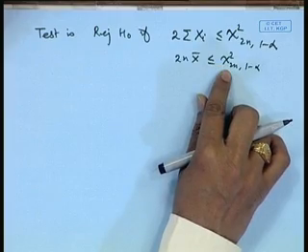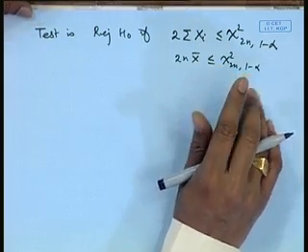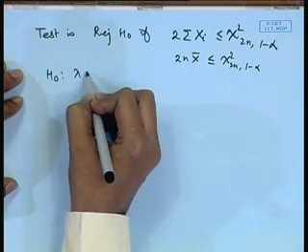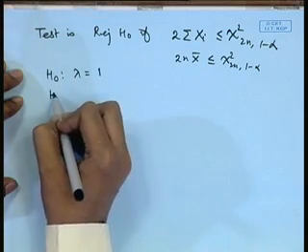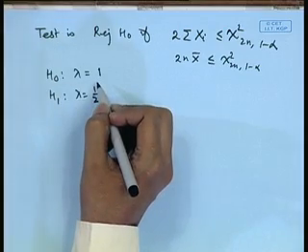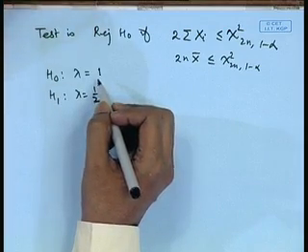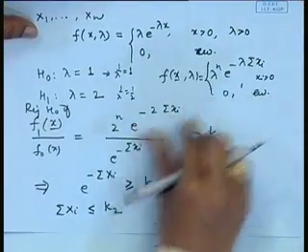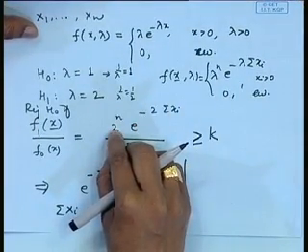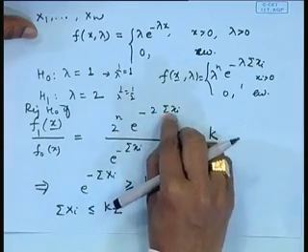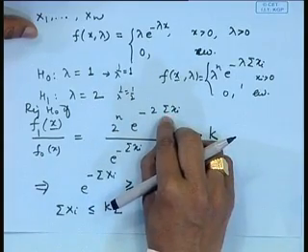On the other hand, if we had say H naught lambda is equal to 1 against say lambda is equal to half. Suppose I just make the change here, then what will happen? In the case of the null hypothesis, you will have the same value, whereas for the alternative hypothesis this will become half and this will become e to the power minus sigma xi by 2.